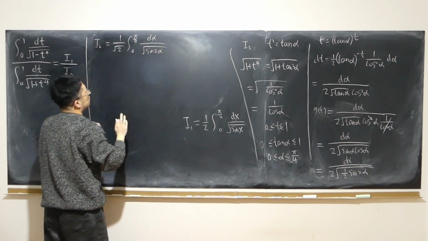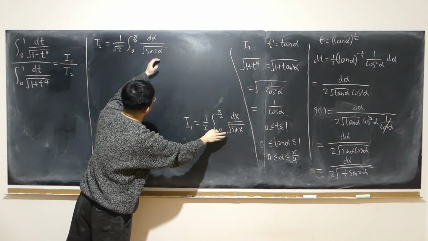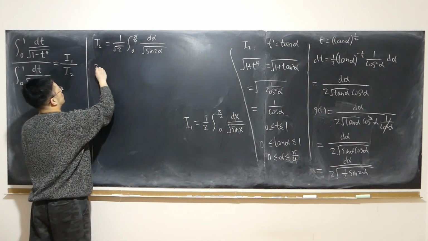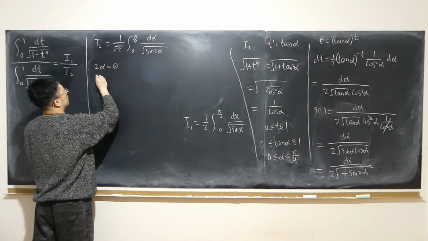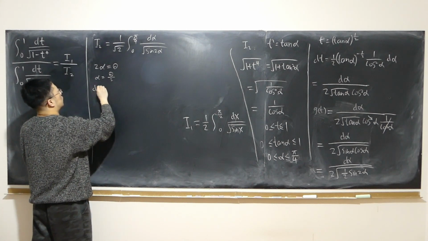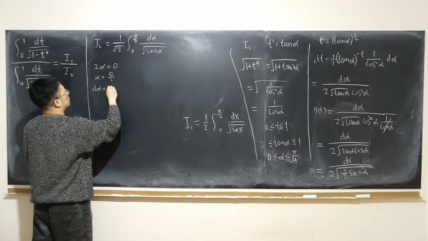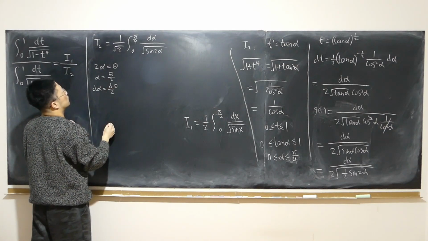So the only difference is that I have twice alpha here, where I have just a single x. So I just need to make the substitution 2 alpha equals theta. Therefore alpha is equal to half of theta and d alpha is equal to half of d theta.